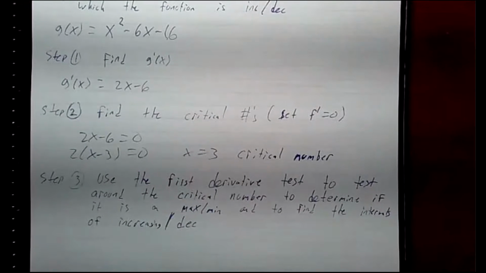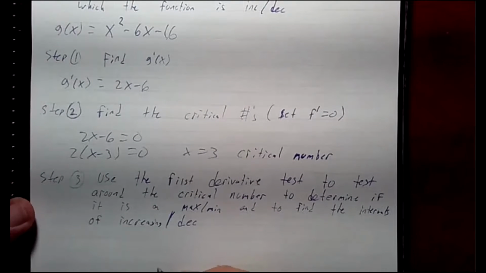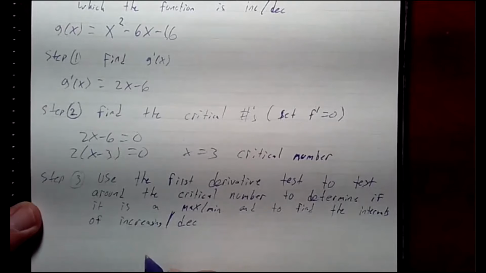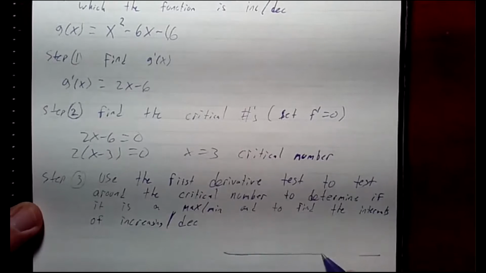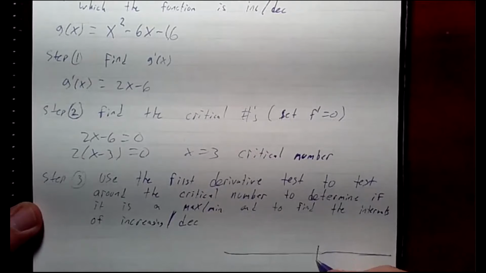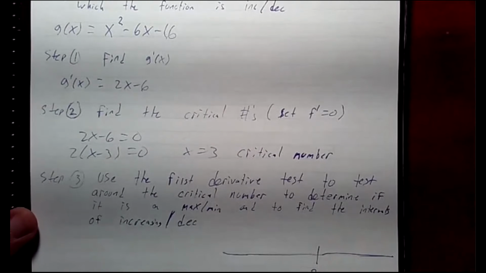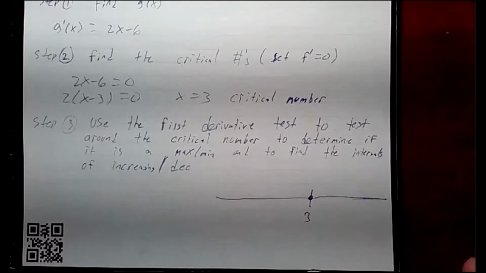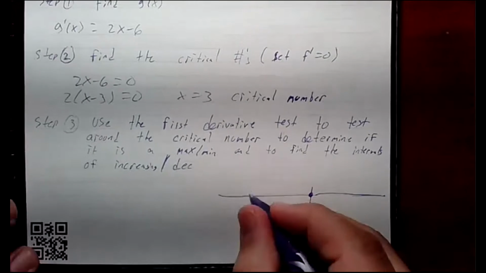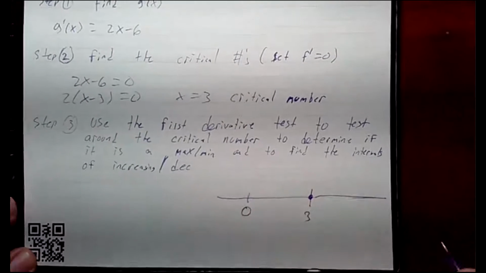Okay, so draw a picture here. So here is the special number, the critical number. Pick any number you want below as your test point. I'm going to choose 0.